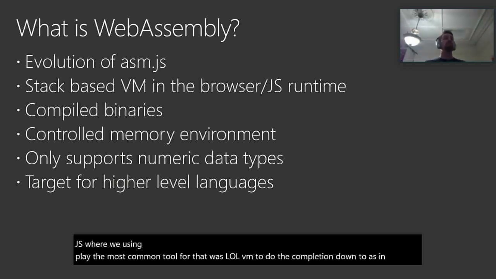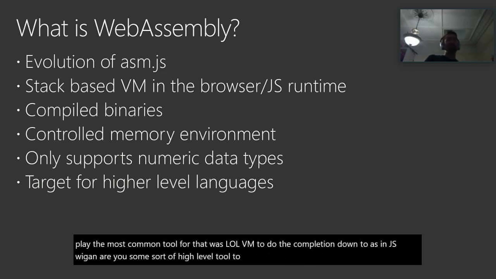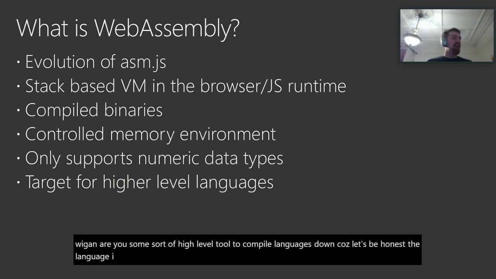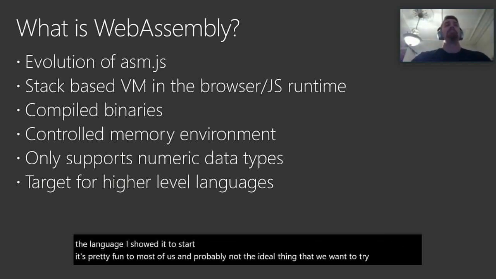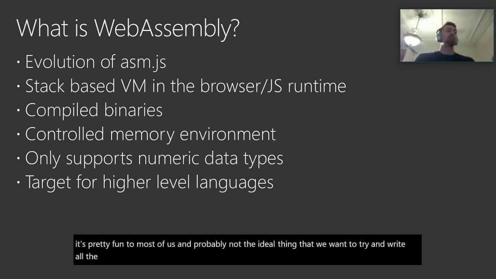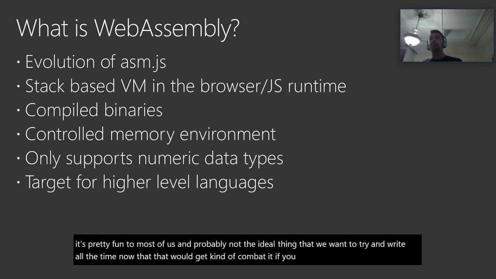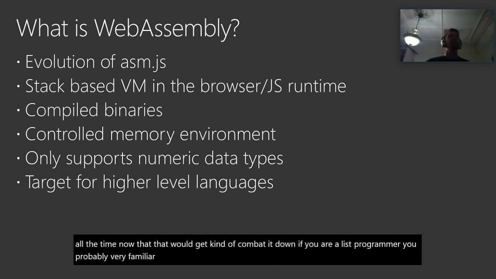We're going to use some sort of high level tool to compile languages down, because let's be honest, the language that I showed at the start is pretty foreign to most of us and probably not the ideal thing that we want to try and write all the time. That would get kind of cumbersome. But if you are a Lisp programmer, you probably are very familiar with having to put parentheses on the end of things, so maybe it is actually something that you would quite like to run.